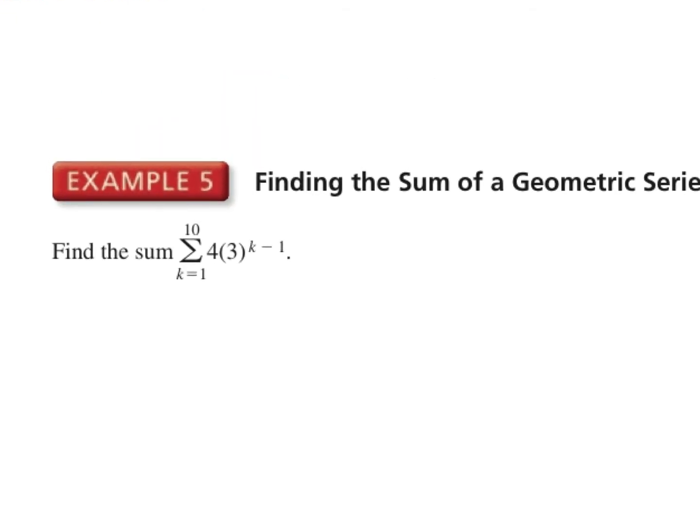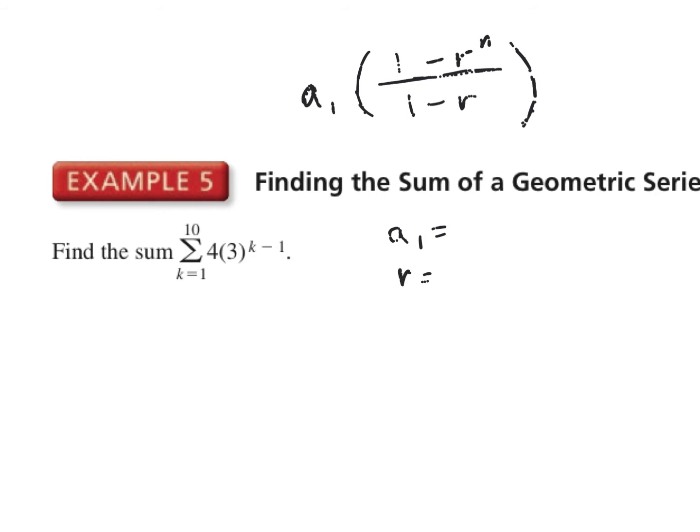So we're going to find the sum of our geometric series here. Our formula is a sub 1 times 1 minus r to the power of n over 1 minus r. So we need to figure out what our a sub 1 is, our first term. We need to figure out what our r is and our n, how many terms we have.